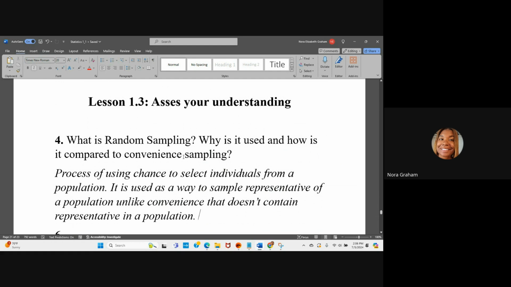You're not accounting for everybody in the college by just handing out to everybody in your math class. So that's considered convenience sampling. Handing out in the quad would be a really good way, and that would be actual good random sampling.